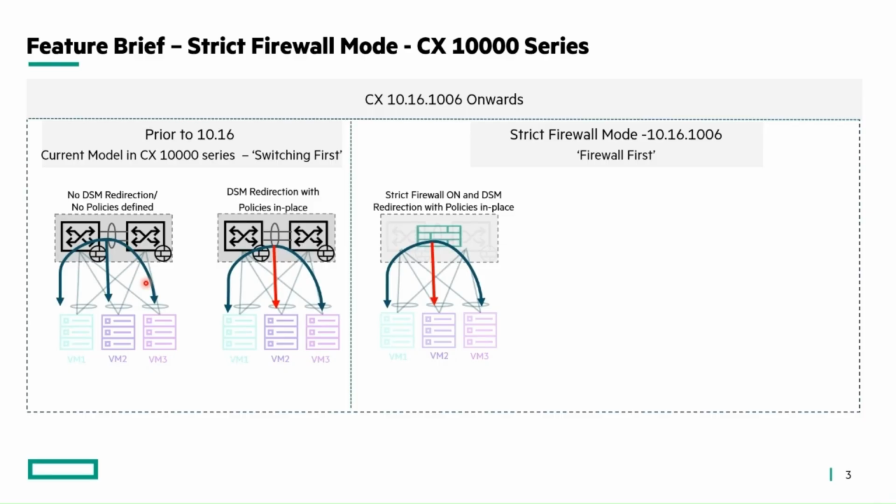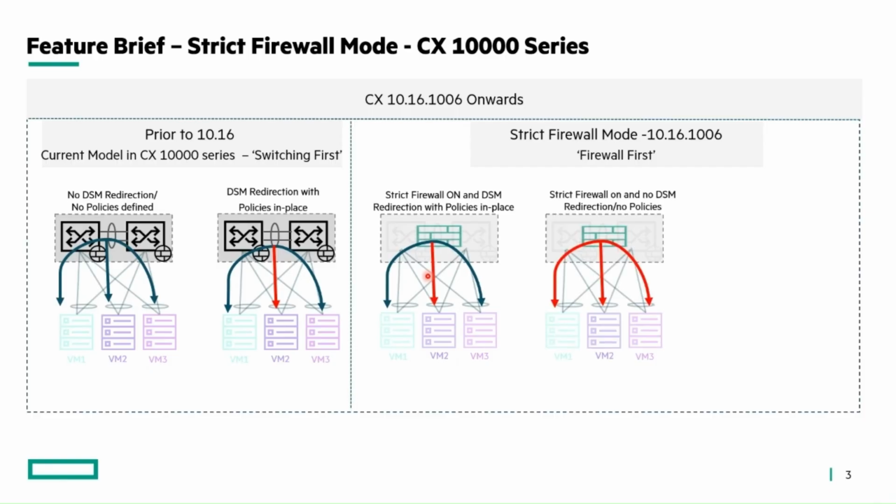As soon as you turn strict on, the firewall works, but a policy in place takes precedence over it. That means it does not hamper your network. Whatever VLANs or VRFs are not redirected and do not have any policy, the switch will drop them. The user traffic will be dropped at the switch itself. It won't even go to the DPU.